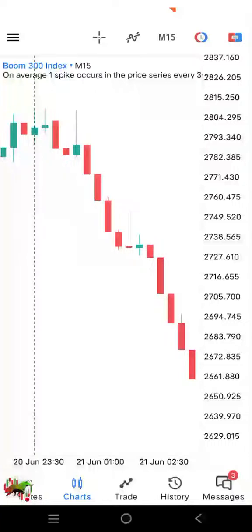Which reversal pattern is more powerful?